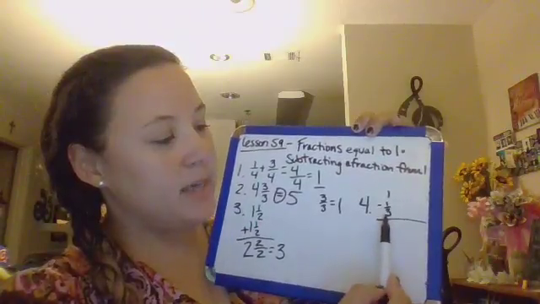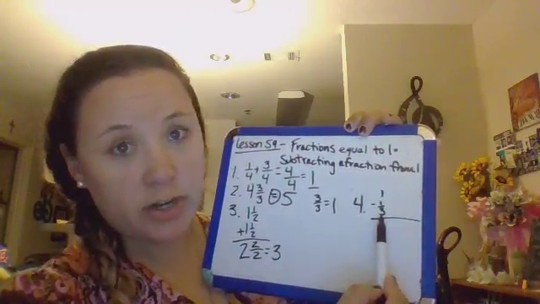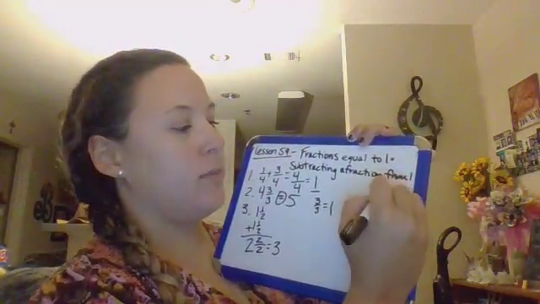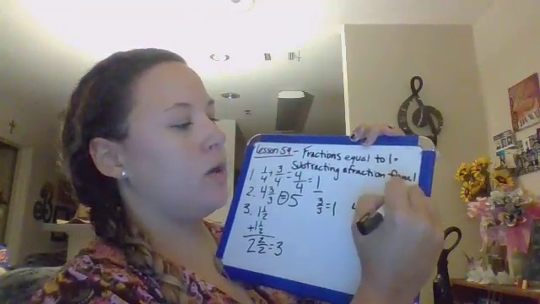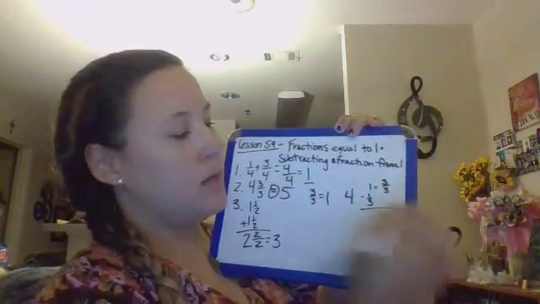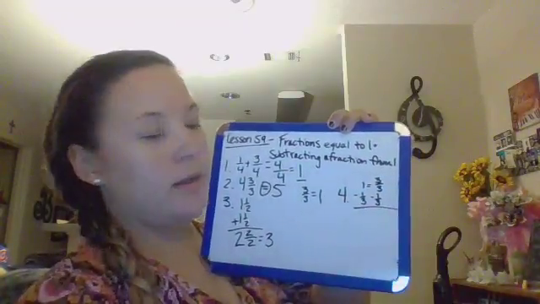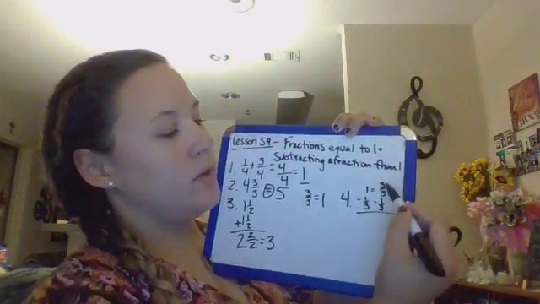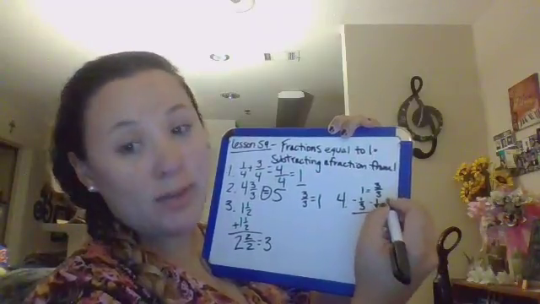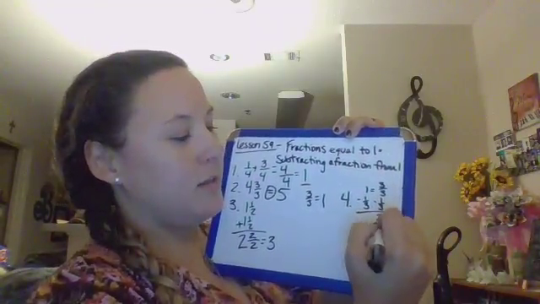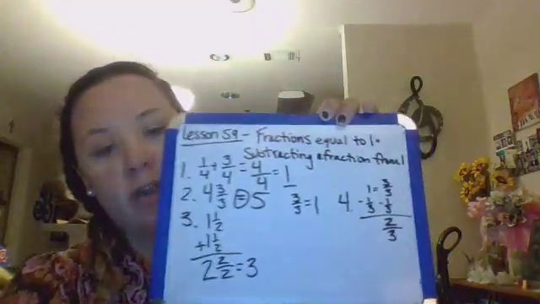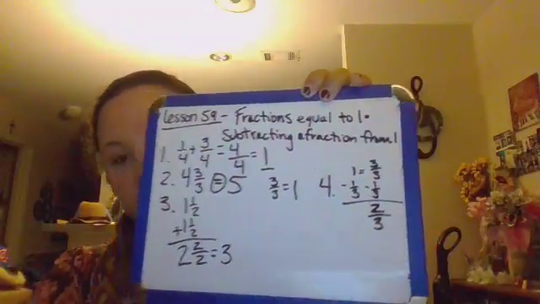And because this denominator is 3, we need to turn it into a fraction of thirds. So it's going to be 3 over 3, because that's equal to 1, minus 1/3. So then 3 minus 1 is 2. Bring down our denominator. So our final answer is 2/3.